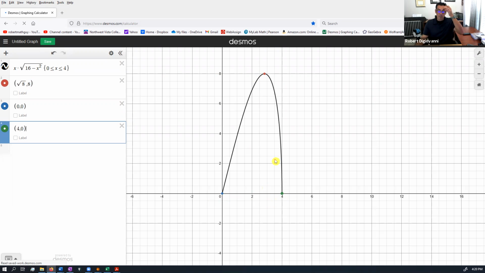Now, I know you're probably sitting there going, why go through all the trouble when we can just look at the graph and ask the computer to find that maximum value? That's a good question, because a computer can find the highest and lowest values pretty easily.